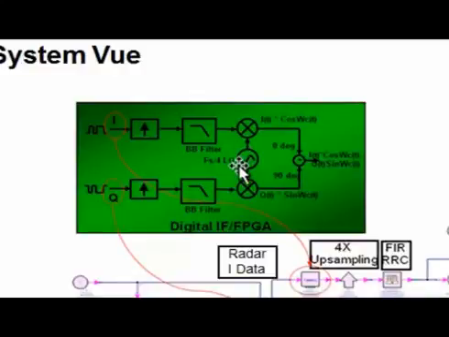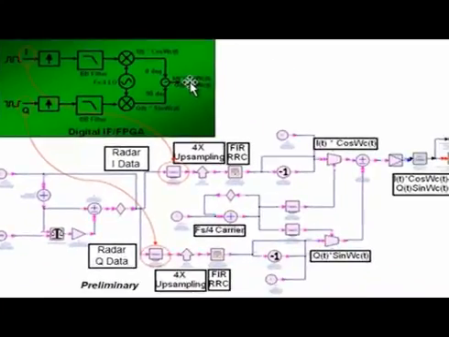The I and Q get digitally upconverted, and so I have a digital IF signal that drives the D to A converter and then on out into your analog and your RF stages of this LTE transmitter. So what you see here is the design of the IQ vector modulator that was created from System View.